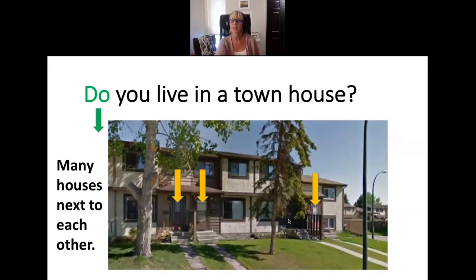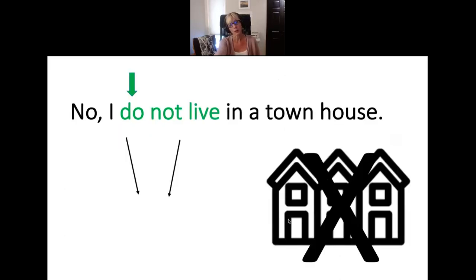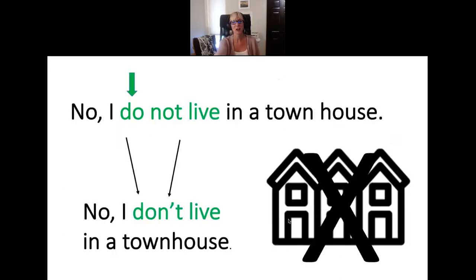Do you live in a townhouse now, today? Yes, I do. Yes, I live in a townhouse. Or, no, I do not live in a townhouse. No, I do not.